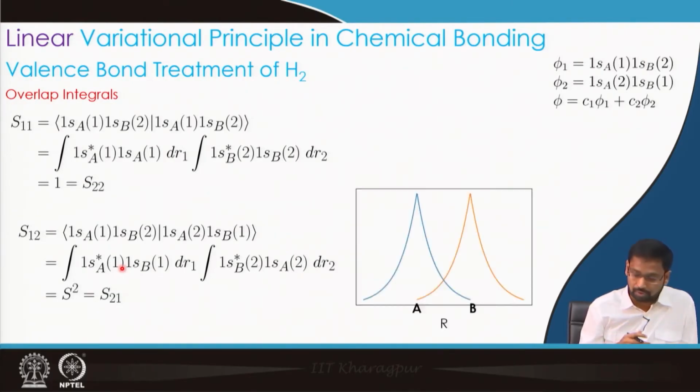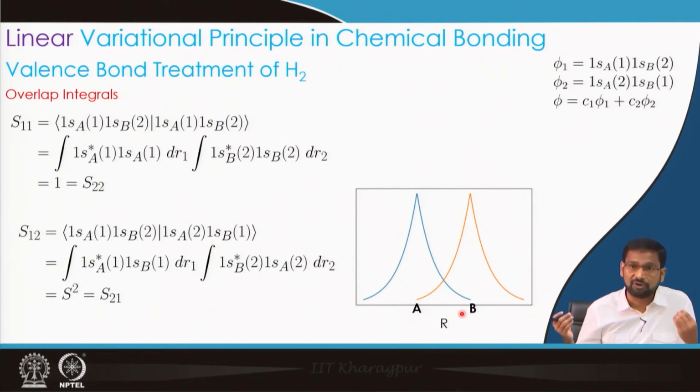So, what I just described is that this integral over here has got a finite value, I call that S, and this value of S is a function of R, the internuclear distance. As R changes, the value of this overlap integral is going to change. That is because the overlap is a function of nuclear distances.